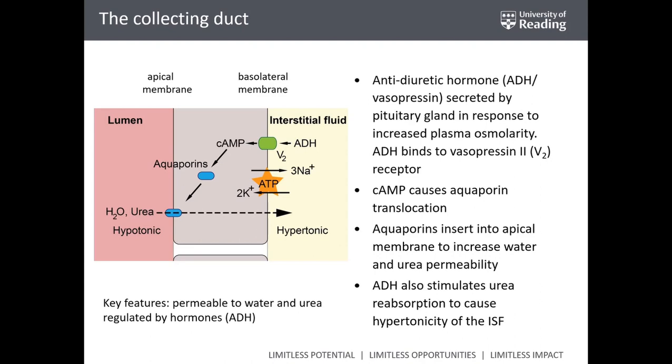So ADH effectively stimulates the reabsorption of urea to cause the hypertonicity of the interstitial fluid. Okay, so the translocation of aquaporins on the apical membrane will allow the passage of urea from the lumen into the interstitial fluid, leading the interstitial fluid to be hypertonic.